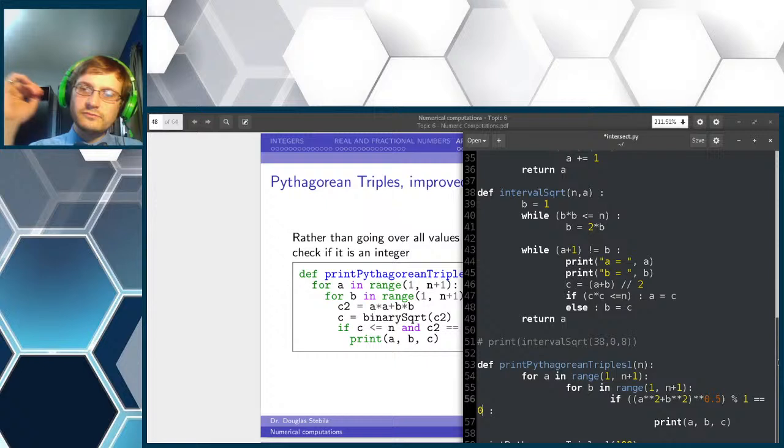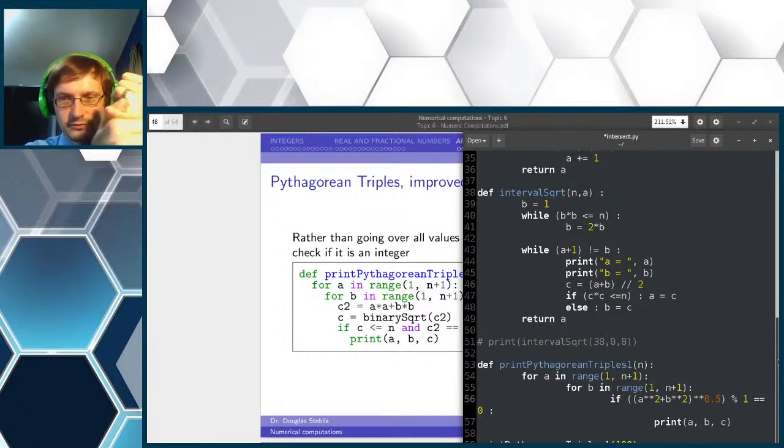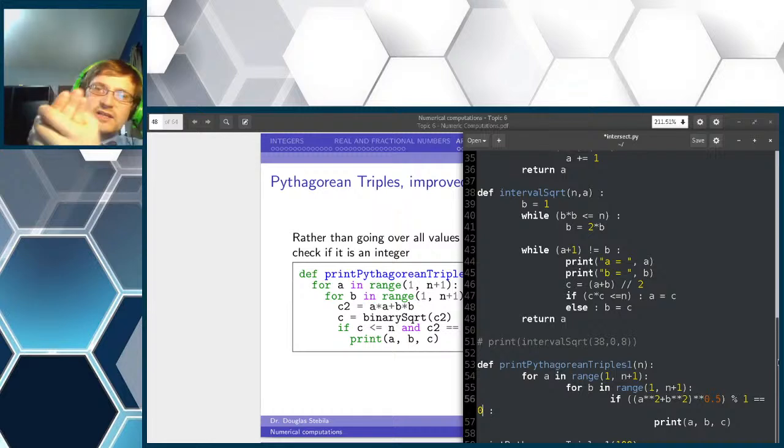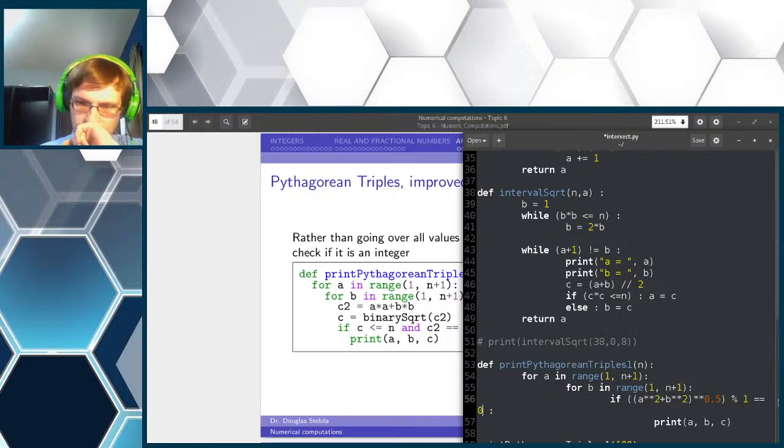So we're calculating c, which is the square root. c is a squared plus b squared, and then you take the square root, and then we are calculating what the decimal remainder is, if there is any, by taking the modulus of 1.